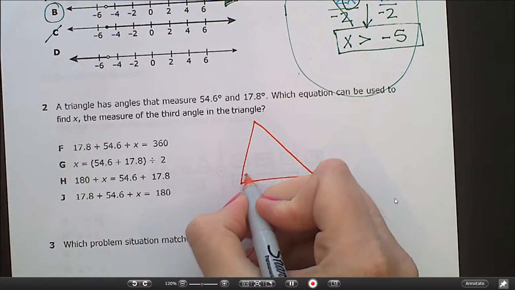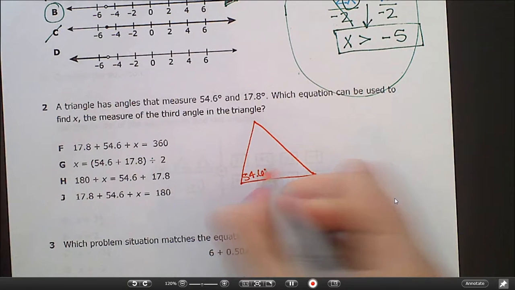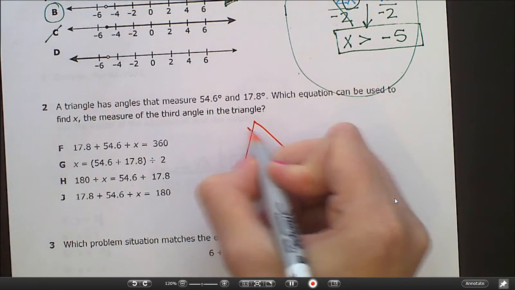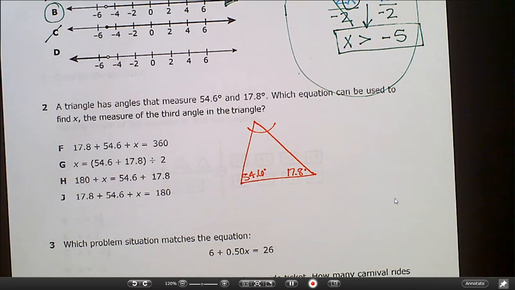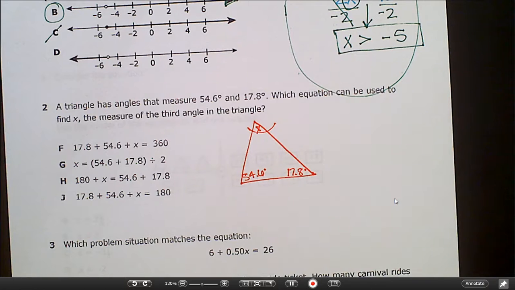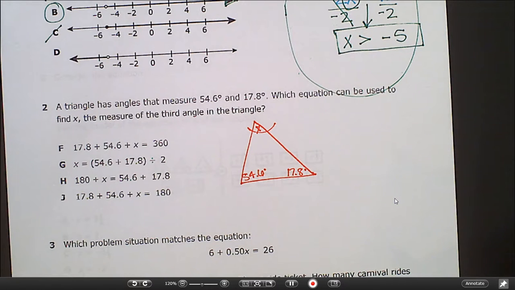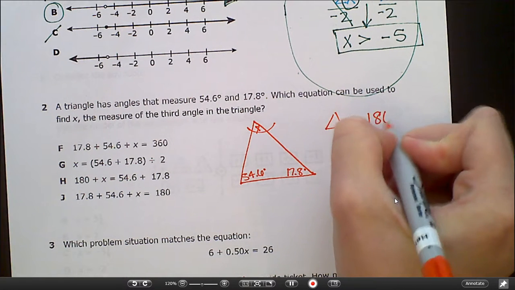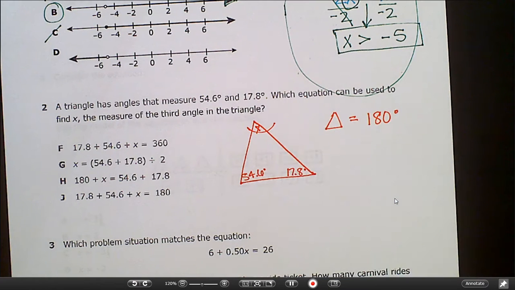I'm going to say this is 54.6 degrees and this is 17.8 degrees. And I want to be able to figure out this angle right here. This will be x, says which equation can be used to find x, the measure of the third angle in the triangle. Well, I know that all triangles have to add up to 180 degrees.